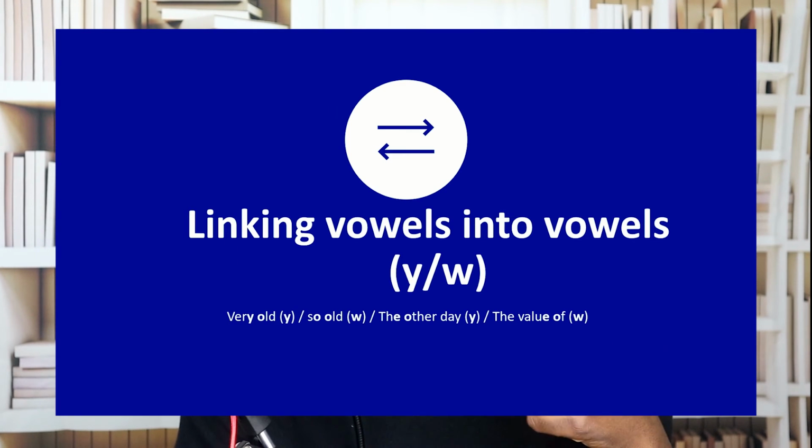When I say very old, there is a ya in between, right? Or else, so old. He's so old. There is like a wa here. The other day. There is a ya here. The value of. What's the value of? There is a wa here.